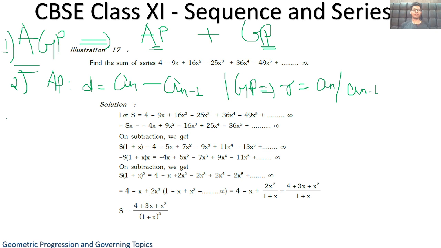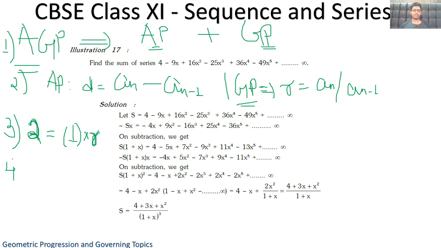Next, the third step says that from the first equation you need to create a second equation. From the first summation you need to create a second summation, which is the first equation multiplied by R, and this R is the common factor derived from the GP.